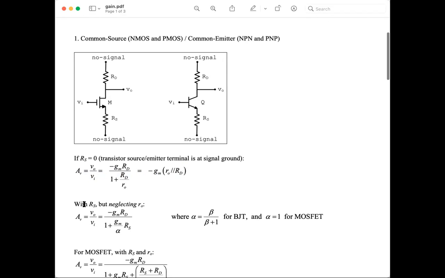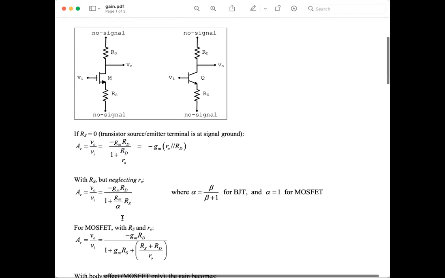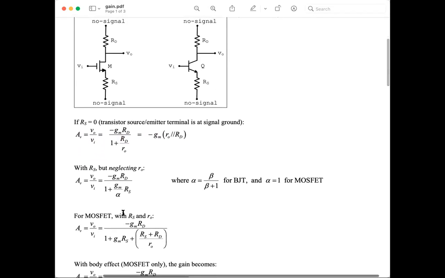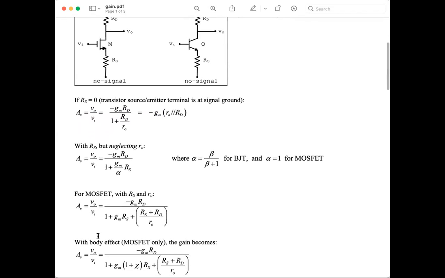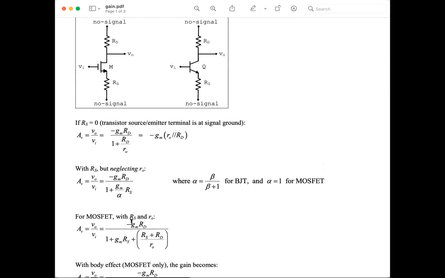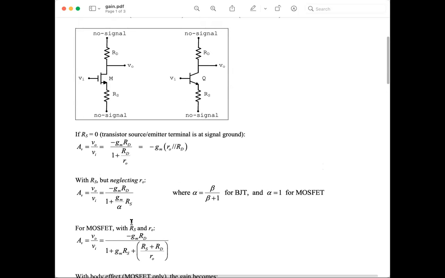And also with RS but neglecting RO, I have a formula. And for the MOSFET, if there is an RS and there is an RO, there's also a formula. And with body effect for MOSFET only, there's also a formula with body effect. But in 311, we're now neglecting body effect, so don't worry about that.